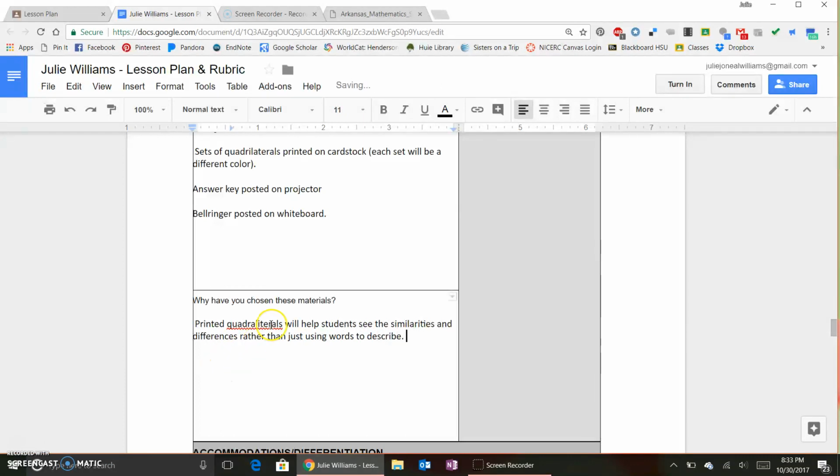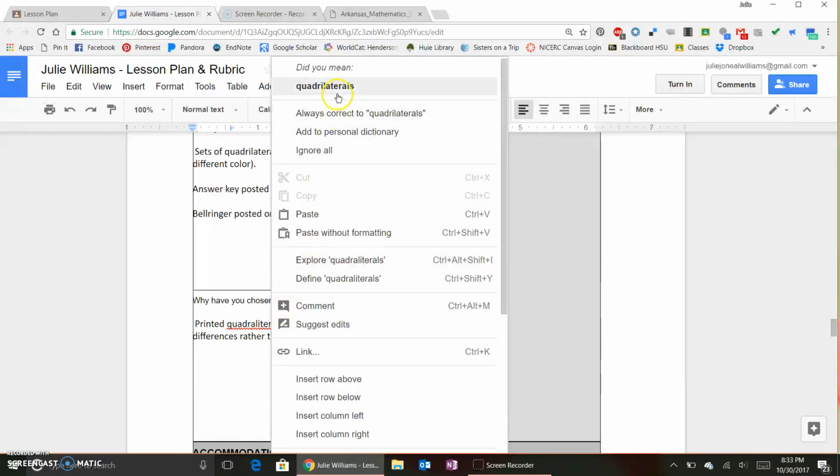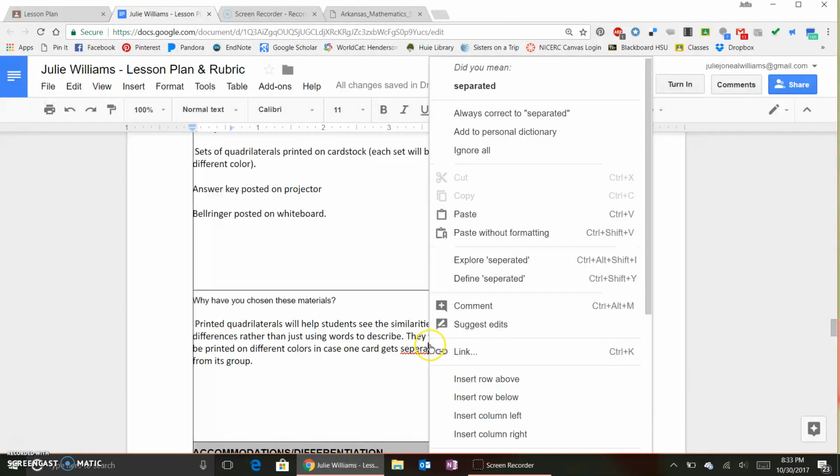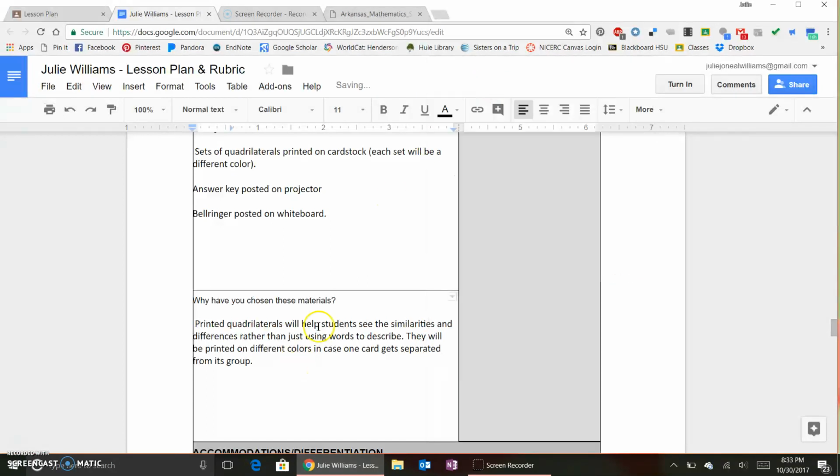All right, so that may be one reason that I have that. I'm also going to say they will be printed on different colors in case one card gets separated from its group. And also another word I can't spell, separated.